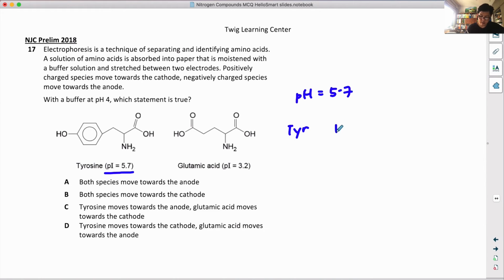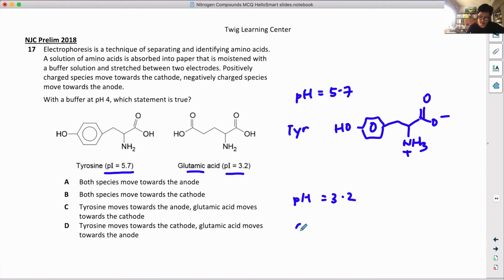So I'm going to draw the zwitterion like this: NH3 plus, O minus. Glutamic acid, if the pH is 3.2, exists as a zwitterion. So I'm going to just draw the zwitterion.